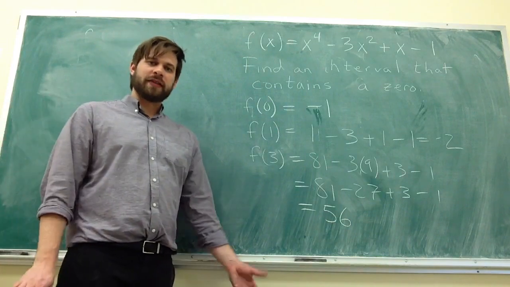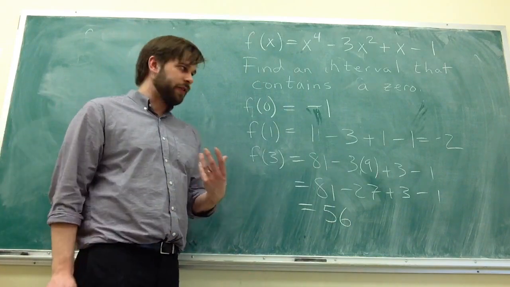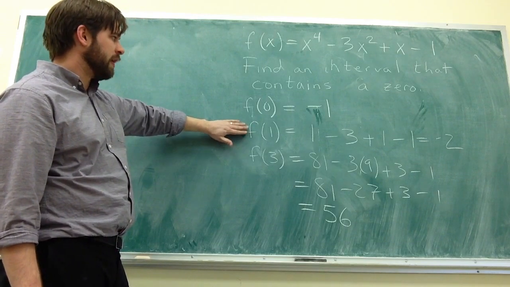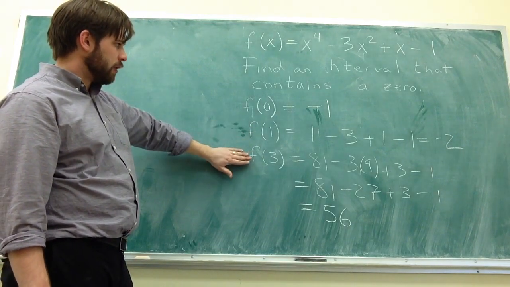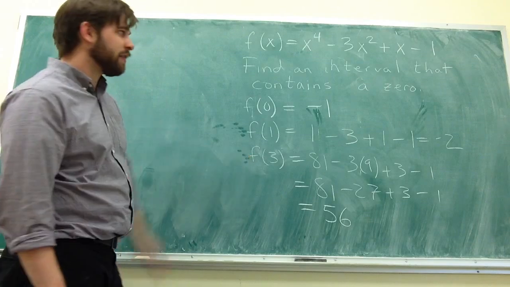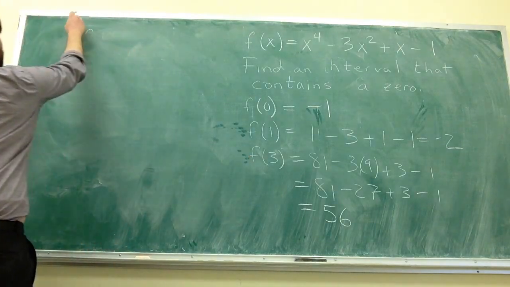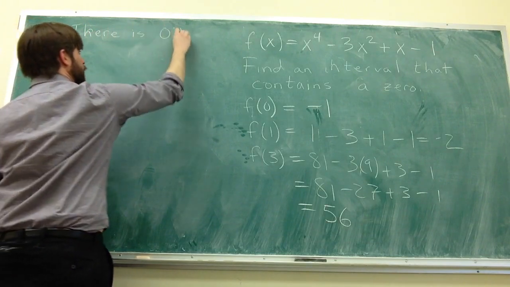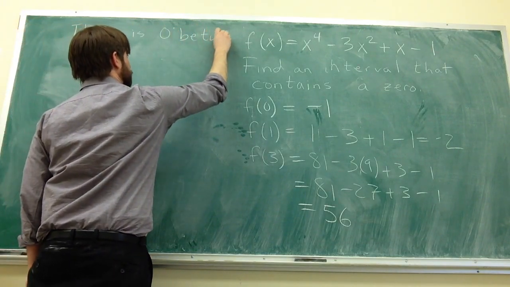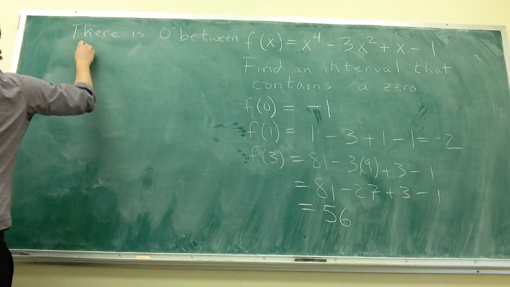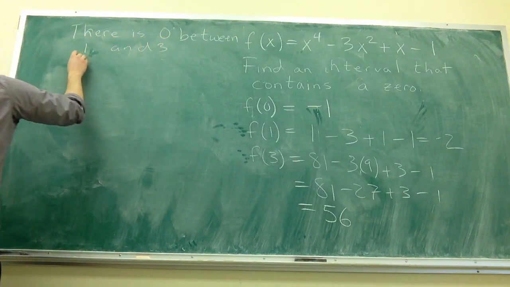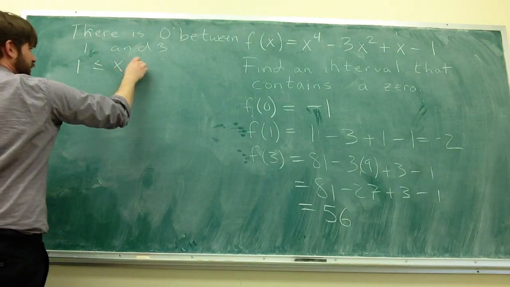But this is good at the moment because what this tells us is if we look at 1, we have a negative number here. f of 3 is a positive number, so at the very least we know that there is a 0 between 1 and 3, or 1 less than or equal to x less than or equal to 3.